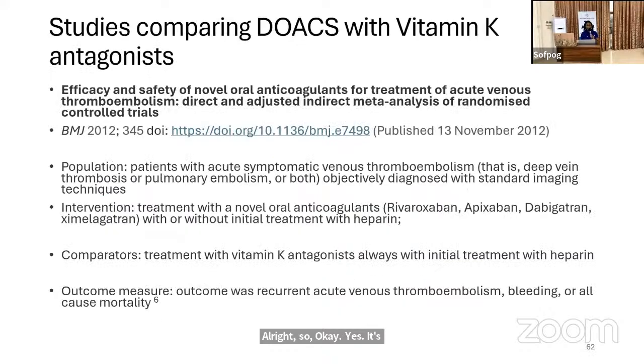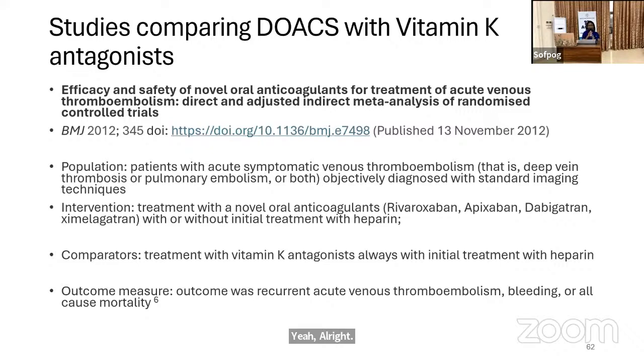So as I mentioned, a number of studies have compared direct oral anticoagulants with vitamin K antagonists, head to head. Direct oral anticoagulants have not been studied much comparing one against the other.